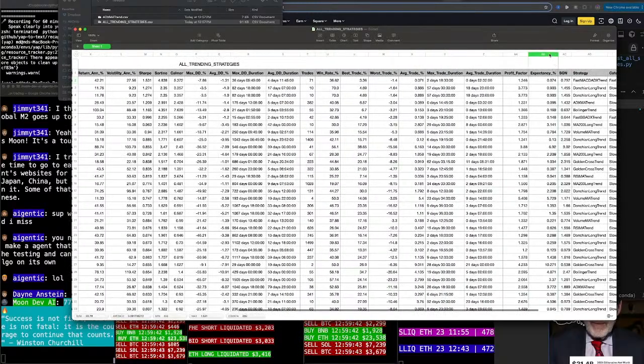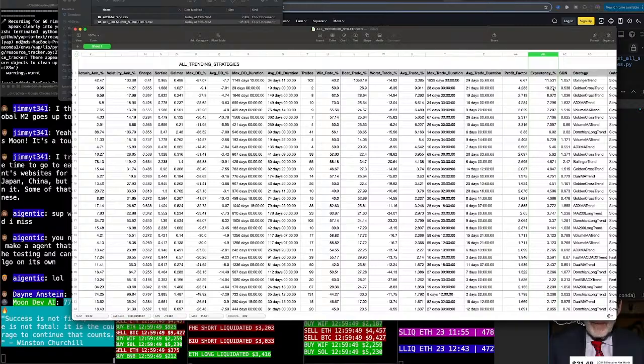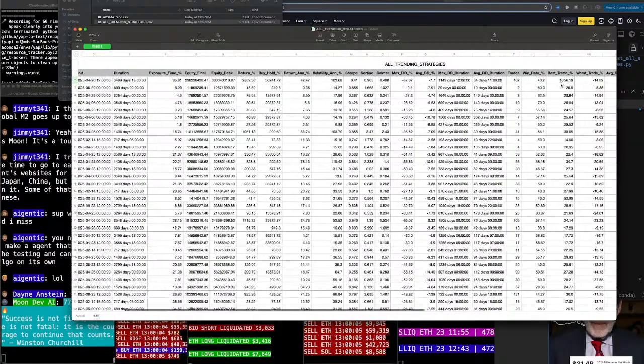Exactly. Let's look at EV, the best EV here. Descending. 11.5. Expectancy, 6.67 profit factor. Bollinger Trend.